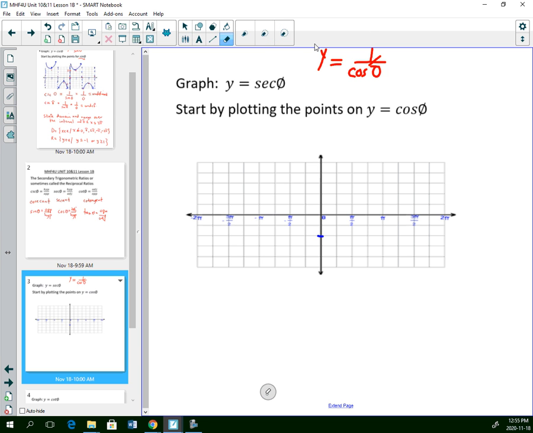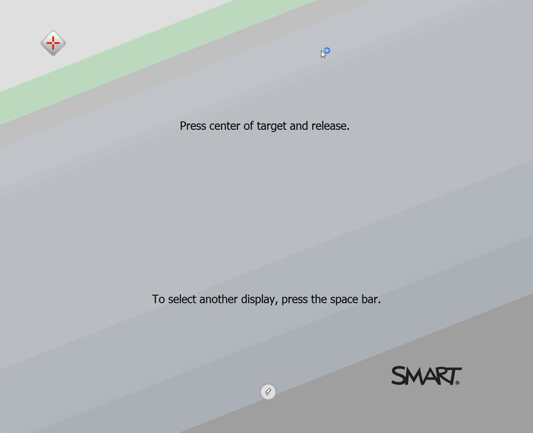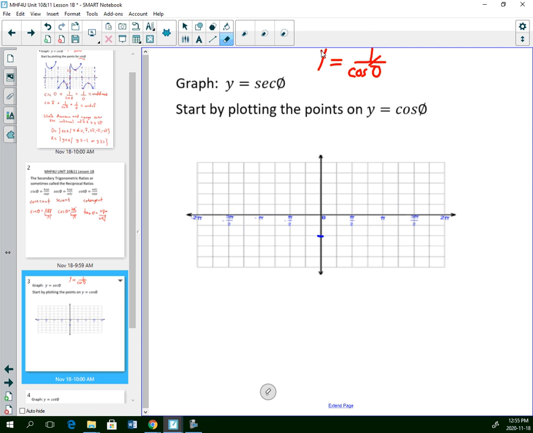I'm going to try to fix the screen one more time. Okay, let's try this again. All right, so we're going to put in 1 and -1. So we're going to start by plotting where cosine would normally be.